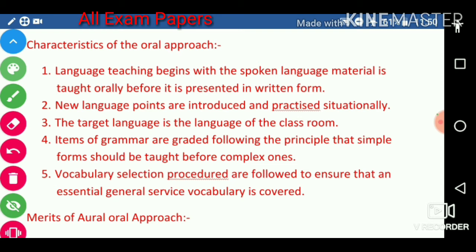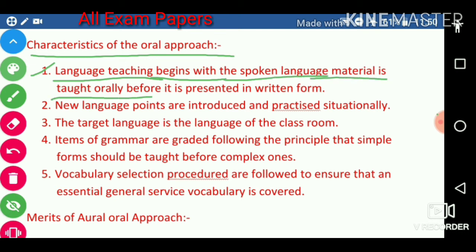Next, characteristics of oral approach. First is language teaching begins with the spoken language. Material is taught orally before it is presented in written form. Next, new language points are introduced and practiced situationally.